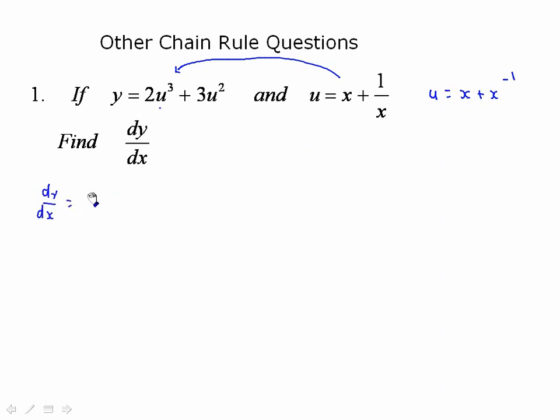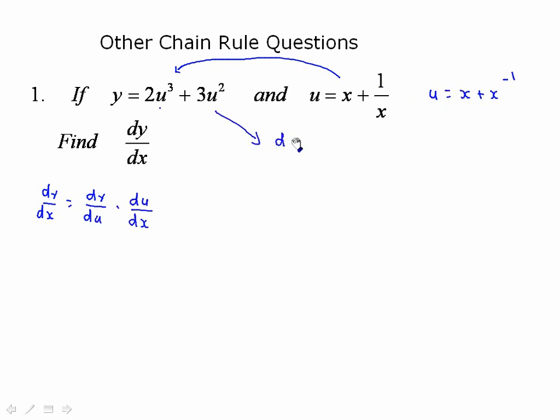Now, dy dx, which is what we ultimately want, is equal to the derivative of y with respect to u multiplied by the derivative of u with respect to x. That is the chain rule. So it means that all we really need to do is get each of those and then multiply them together again.